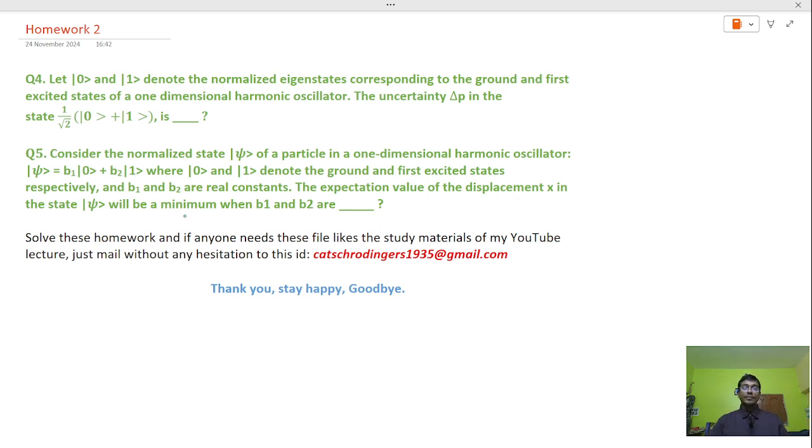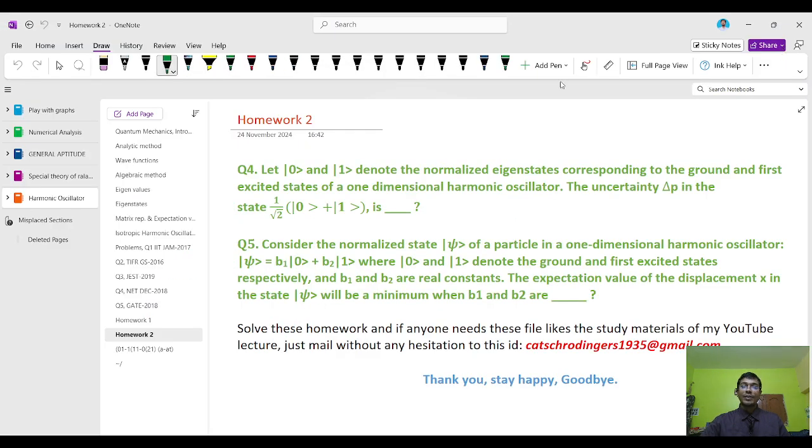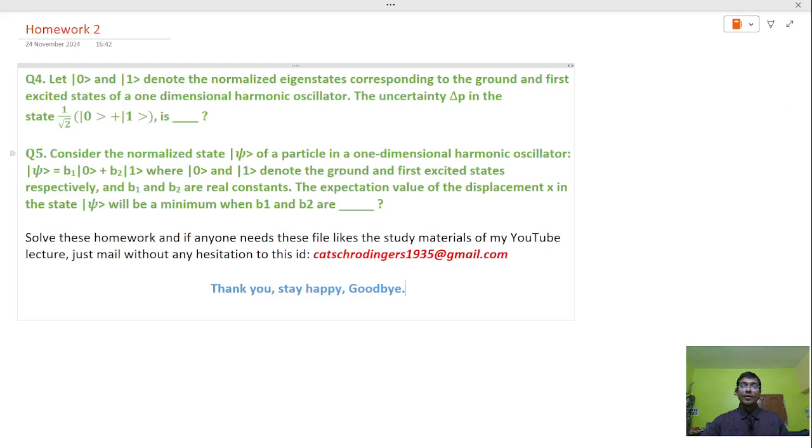This is a minimum or maximum condition, so you put the condition that the derivative of the function f of x should be 0, and after that you should find the values of b1 and b2.